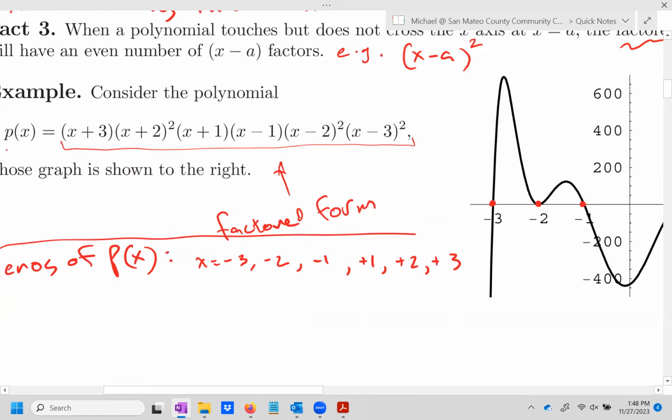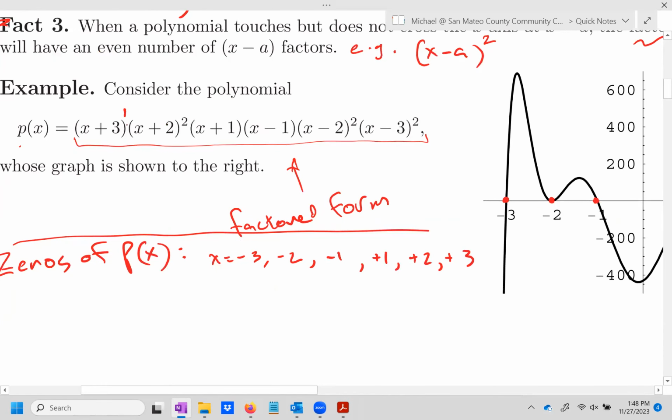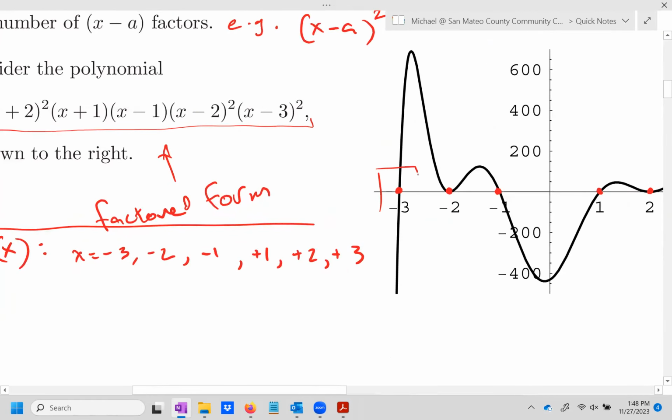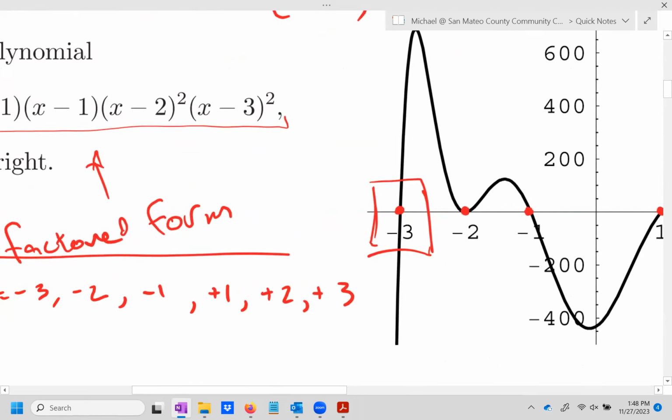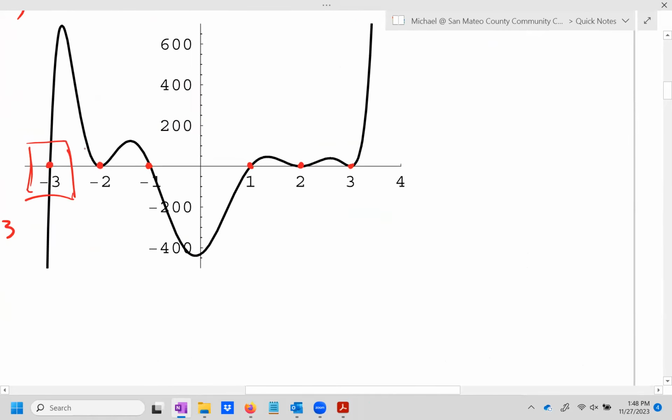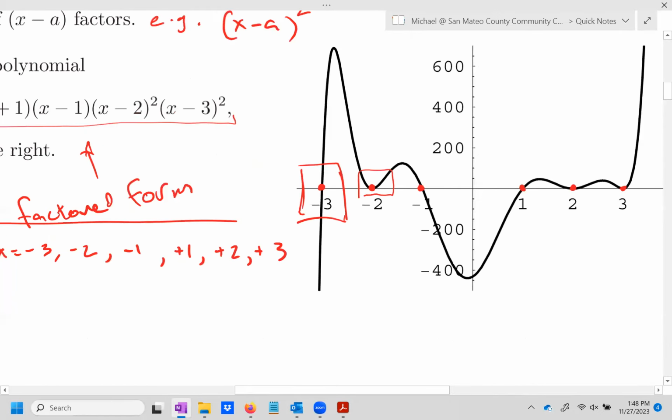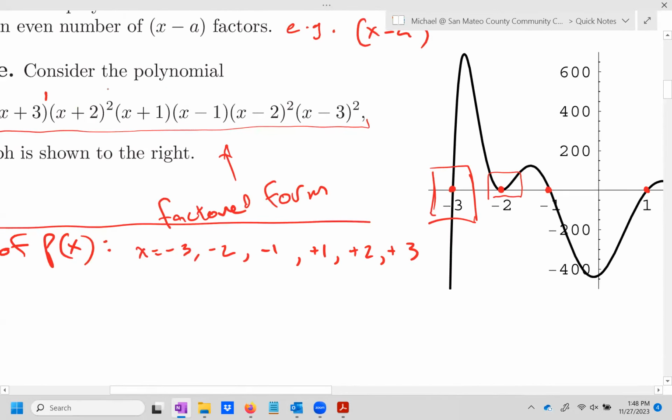Fact 3 is kind of like a way of saying the exponent on that factor that makes the 0 determines what we call the local behavior. So like right here, doesn't it look like a line crossing through there? It looks like a first degree thing. And then right here, doesn't that look like a parabola? Notice that this x plus 2 has a second degree.